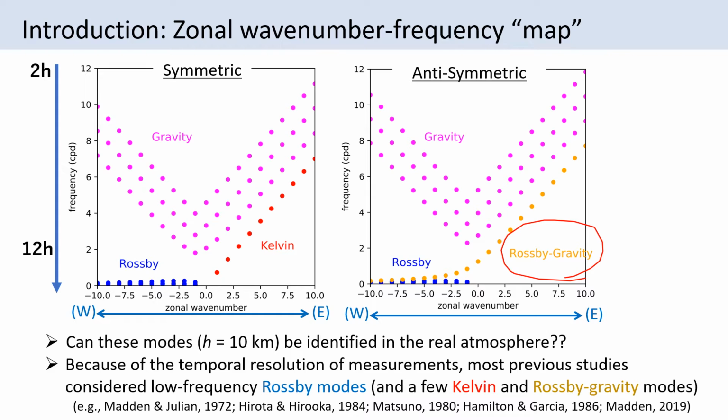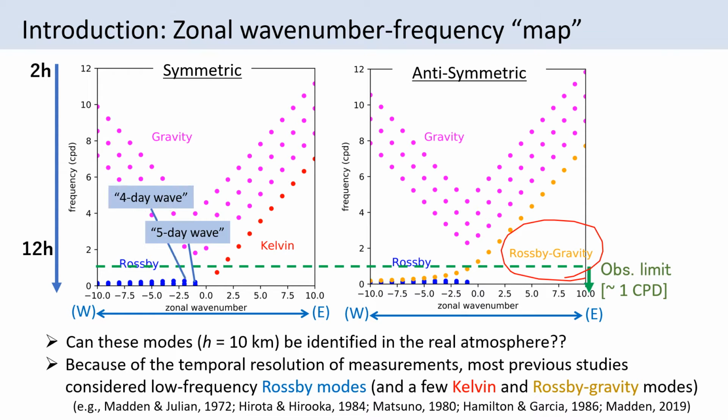In previous studies, because of the temporal resolution of the measurements, which is about 1 cycle per day, most previous studies considered low-frequency modes, especially Rossby modes, such as the 5-day wave, 4-day wave, and 10-day wave, and only a few Kelvin waves and Rossby gravity wave modes, such as the 33-hour Kelvin wave and the 2-day wave.